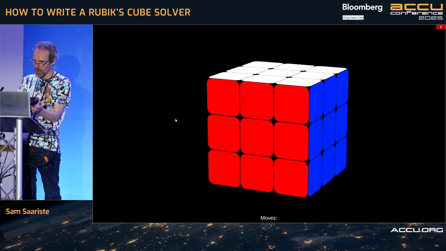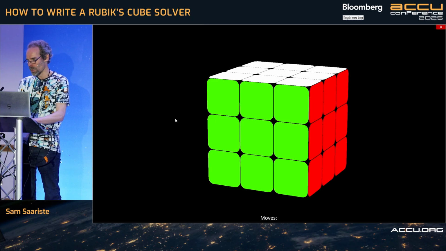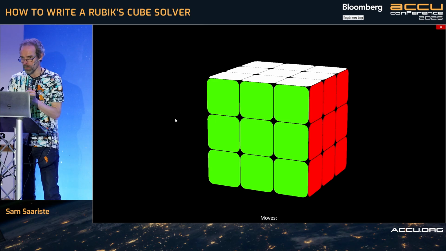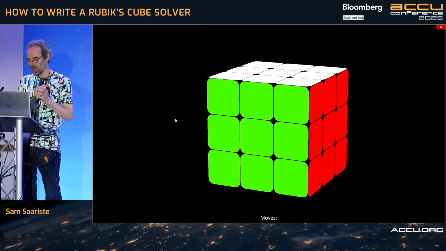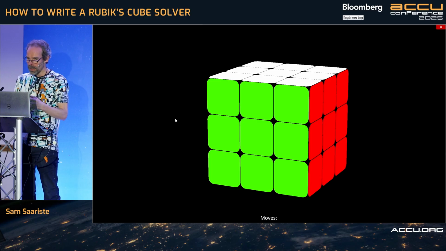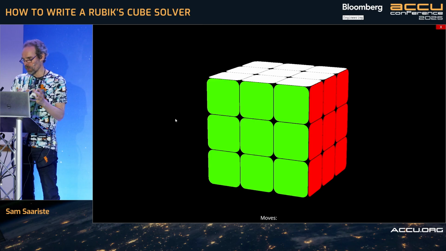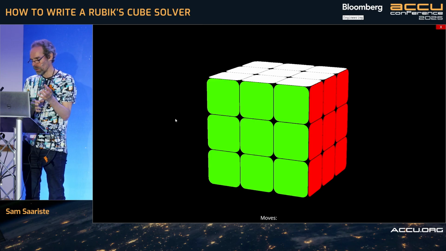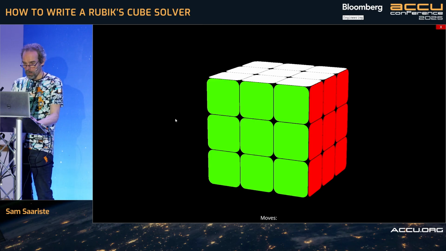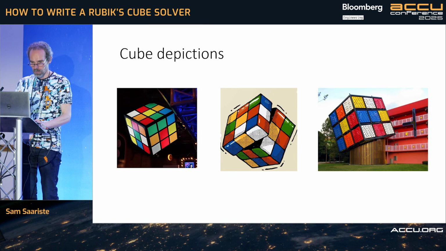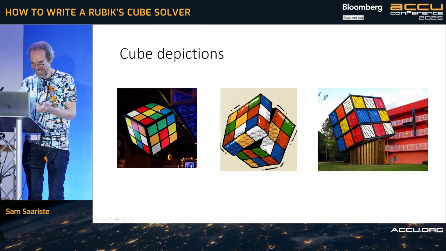And blue and green are also always opposites. That is at least true for the color scheme that is used by everyone today. It wasn't always like that in 1980. If you bought a cube, you may have a different color scheme. But you would never have something like this.